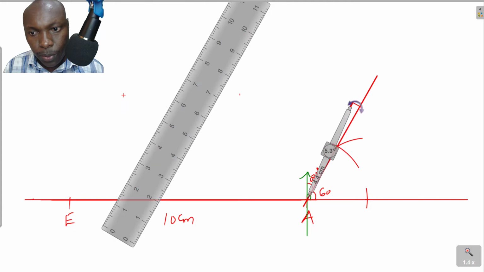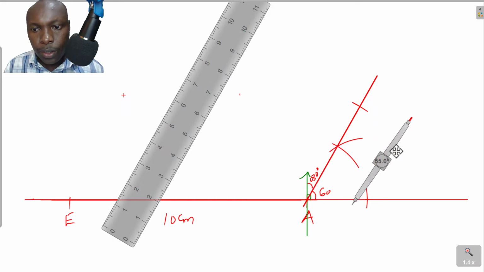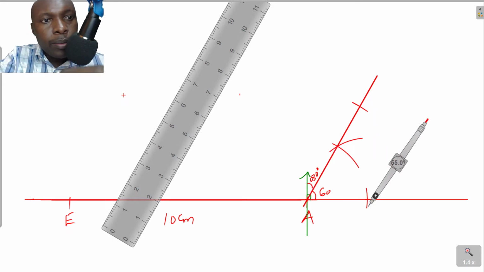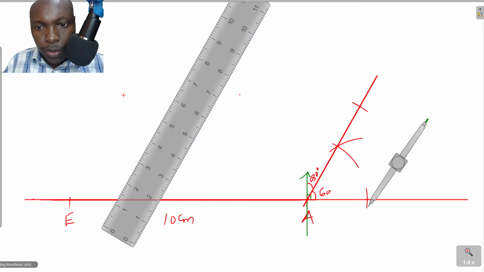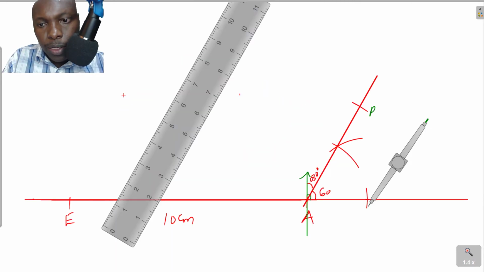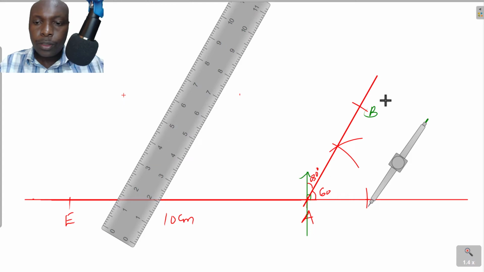You mark. And this is where we shall have the point B. So B will be here. So this is 4.4 centimeters.